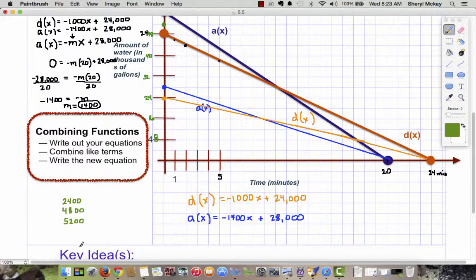And let's see, I'm trying to at least get to, because these are 2000s, right? So 2000 and 4000, 8000, 12,000.